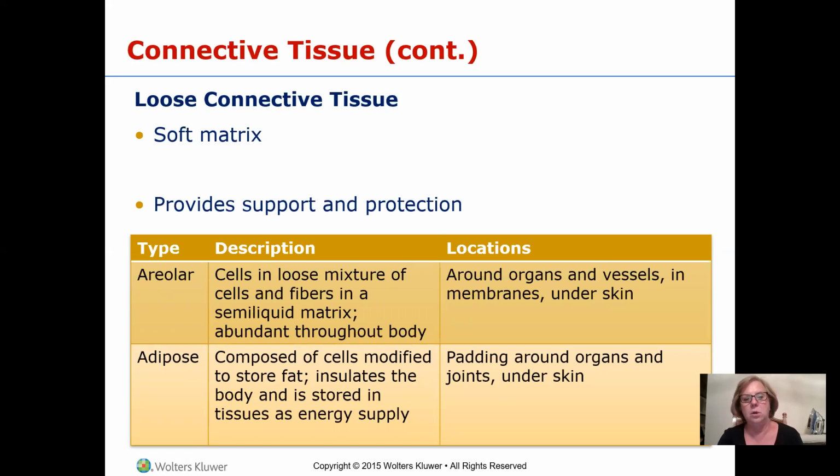It's either areolar or it's adipose. The areolar is found around organs and also under the membrane of the skin, and then the adipose is around organs and joints and also under the skin. Adipose is a fat, and it is composed of modified fat cells.